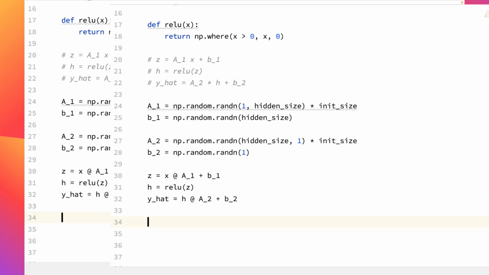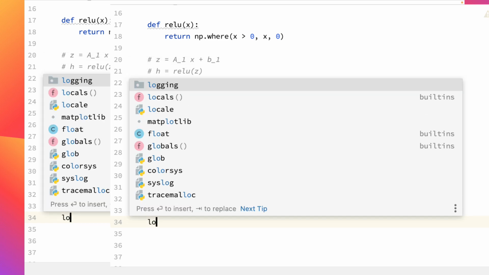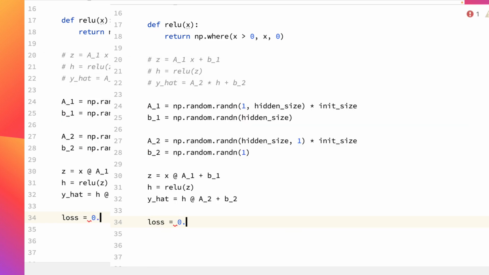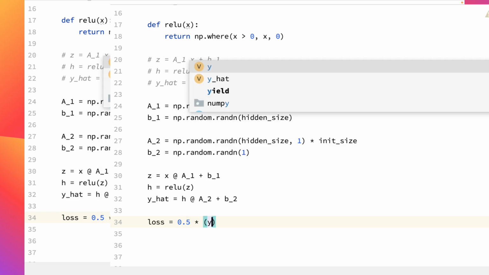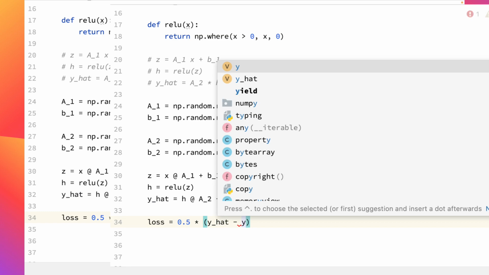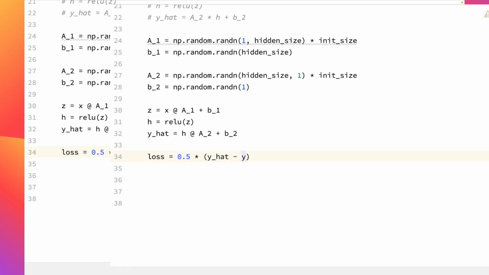So now we want to say, okay, loss is just L2 loss. So y hat minus y, squared. And then d loss over d y hat is just minus this.